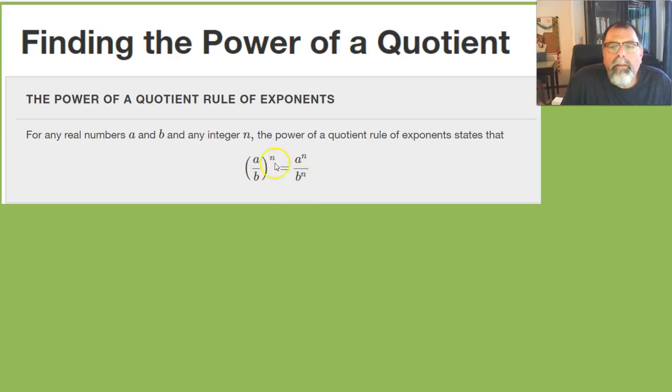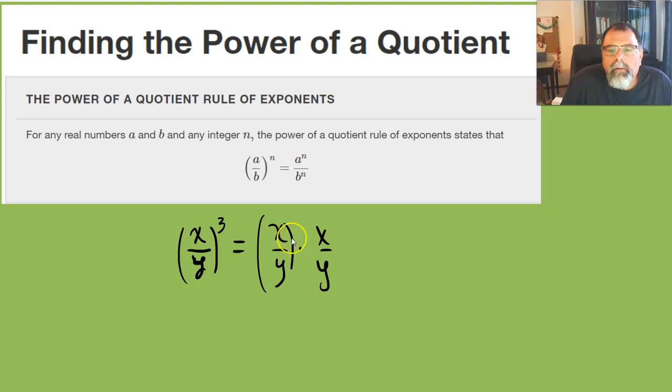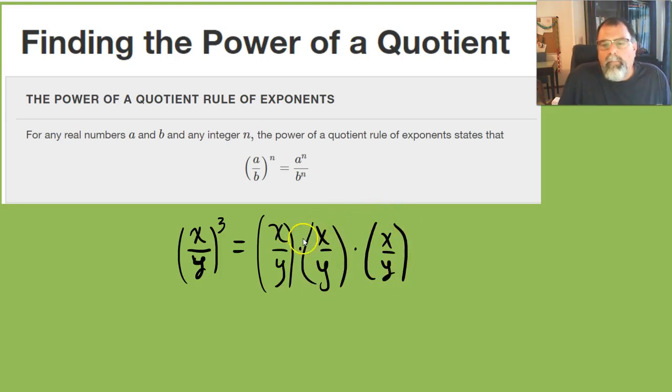So it kind of has a similar feel to the product one, where you do that distributive step. So if I had (x/y)³, well, that means x over y times x over y times x over y. Okay, and again, we can drop the parentheses, but you can leave them, doesn't matter.